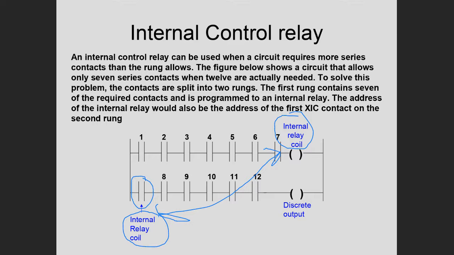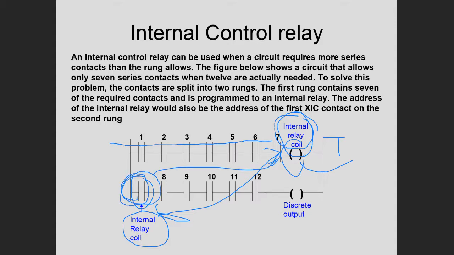If I have logic continuity across here, that means all these contacts are true, and that's going to turn this internal relay contact on, which means it's true. So somewhere in a table or in memory, there's going to be a 1 stored to represent the true state of this. Now, since this is true, and this is the examine if closed, it's looking for a true. Since that's true, now this is going to be true.